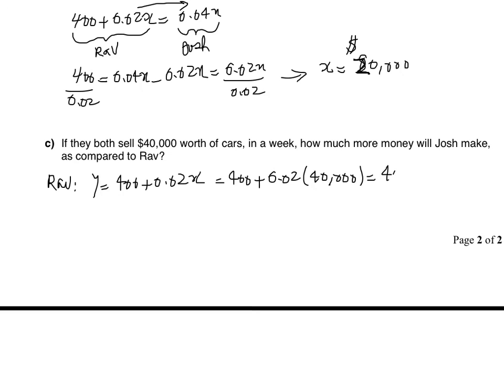Now 400 plus, if you use your calculator and multiply these two, you get 800. So the answer is $1,200.